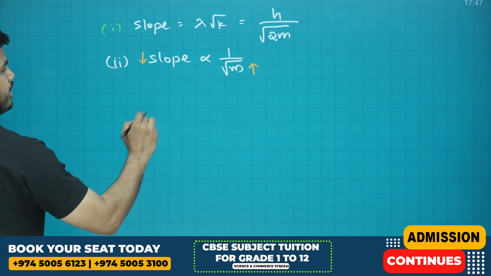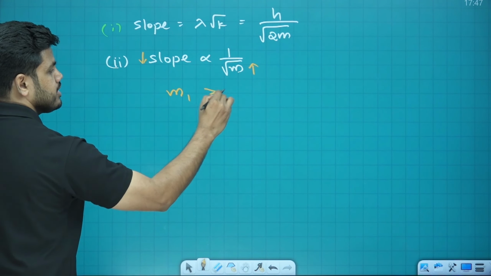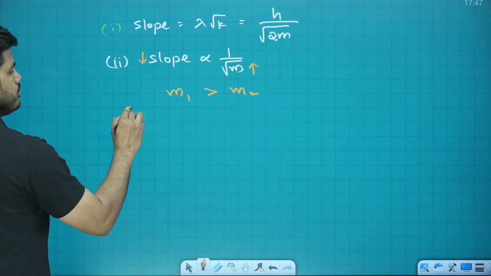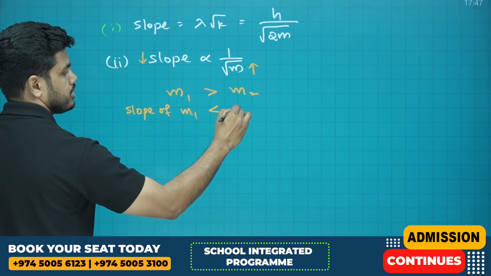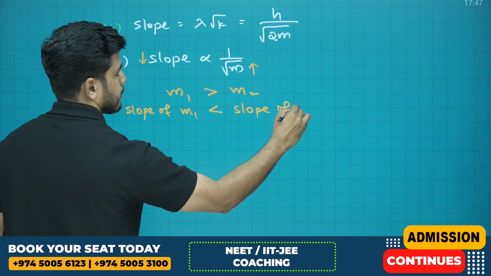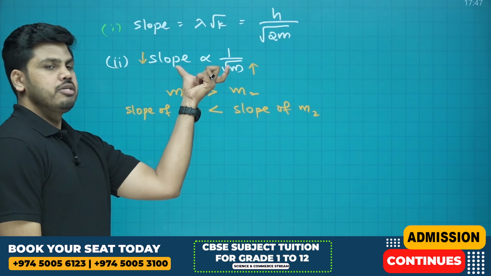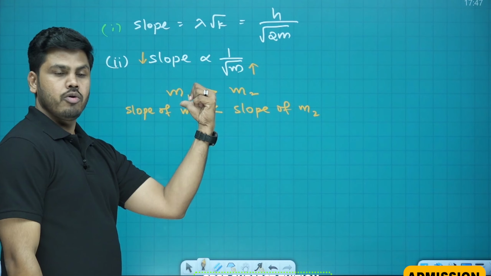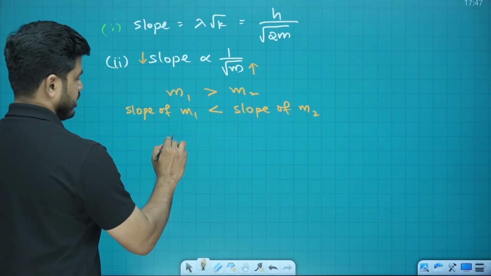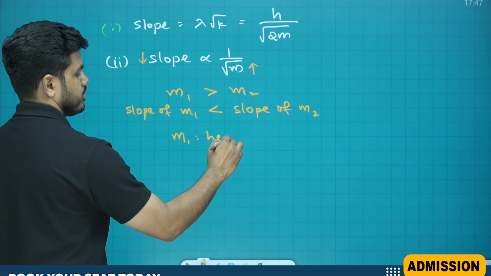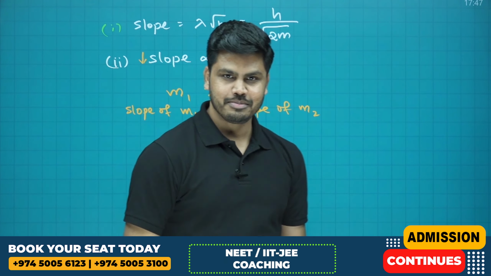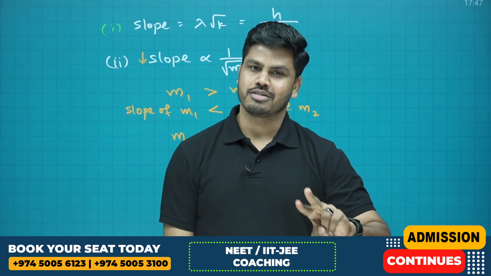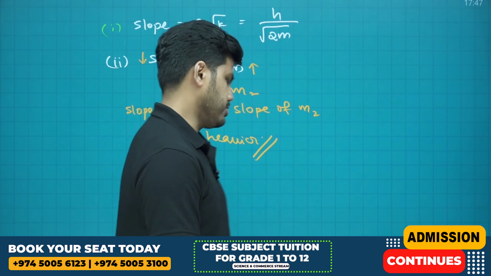So we can say m1 is greater than m2 because the slope of m1 is less than the slope of m2. Greater the mass, less the slope. So m1 is heavier, the first particle is heavier.